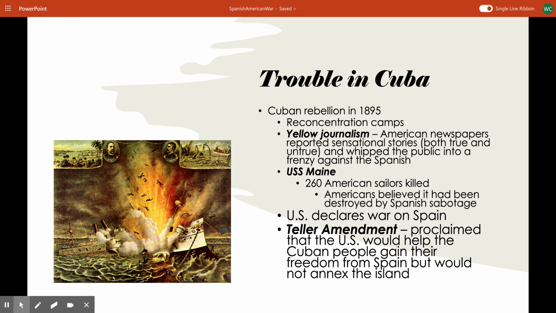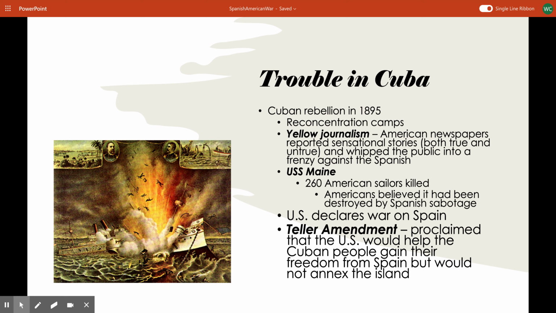By sensational stories, I mean some of them were true, some of them were untrue, some of them were exaggerated and really descriptive, right? As we read from that primary source on Friday, very descriptive, and they cause people to get upset and outraged. This practice is called yellow journalism, when American newspapers published both true and untrue sensational stories to try to get the public upset.